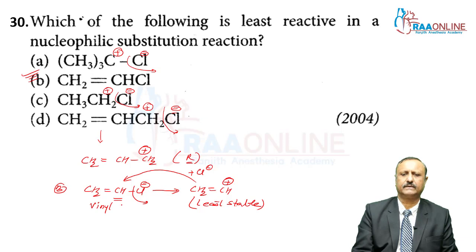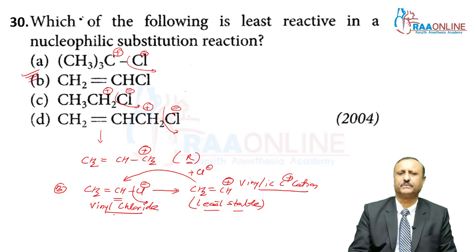So this carbocation is called a vinylic carbocation. This vinylic carbocation accepts the chloride ion and converts to vinyl chloride quickly because it is the least stable. So in this nucleophilic substitution reaction, the replacement of the chloride ion in vinyl chloride does not occur, so it is the least reactive.